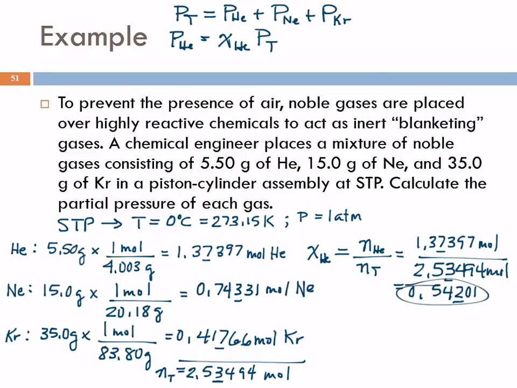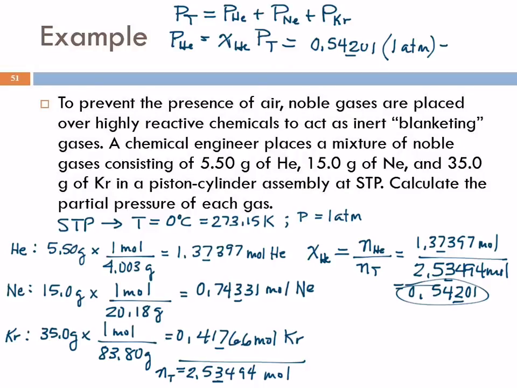So if I take this number, that's the mole fraction for helium, and I bring it up here and plug it in, the mole fraction is 0.54201 times the total pressure. What's the total pressure? It's at STP. It's 1 atmosphere.